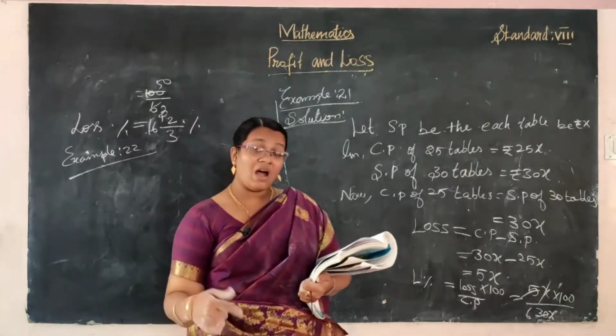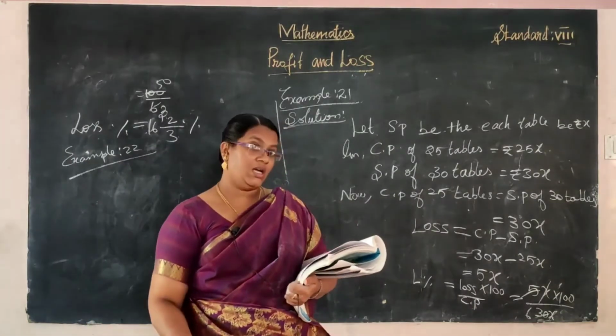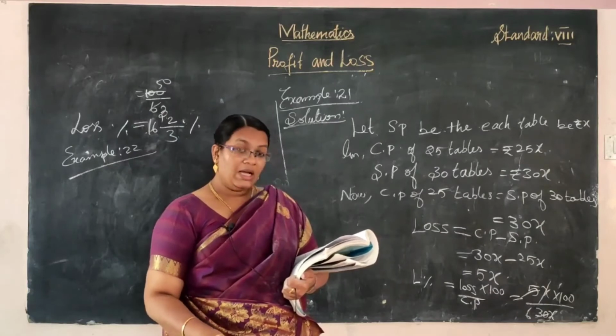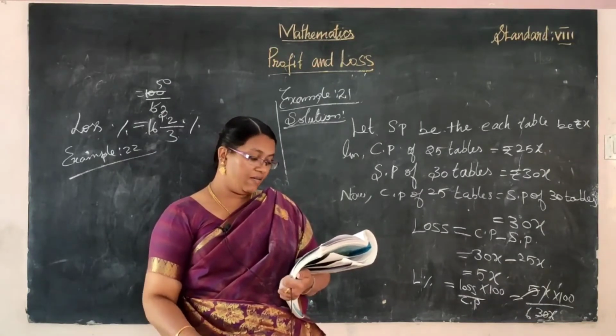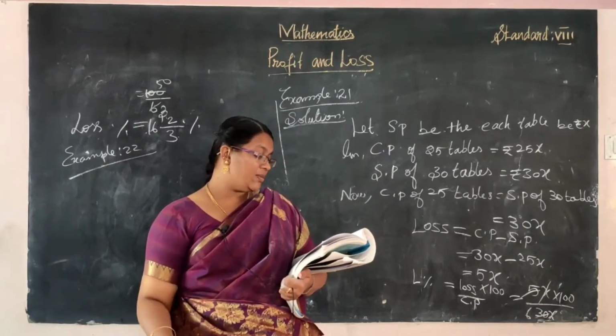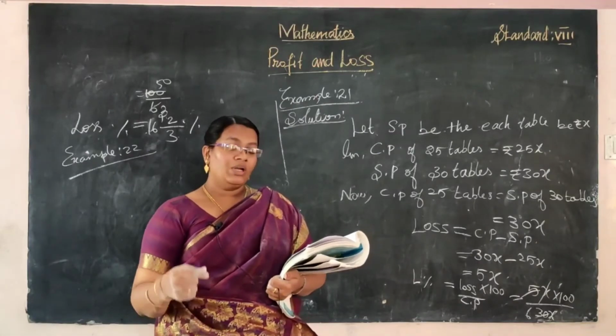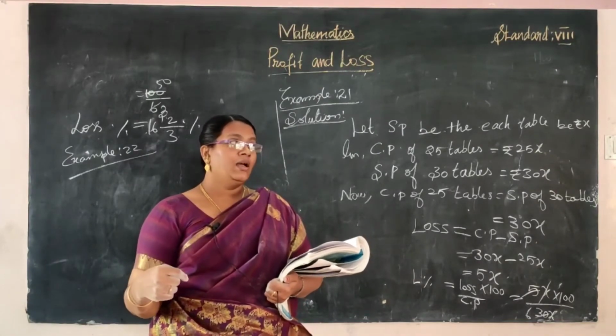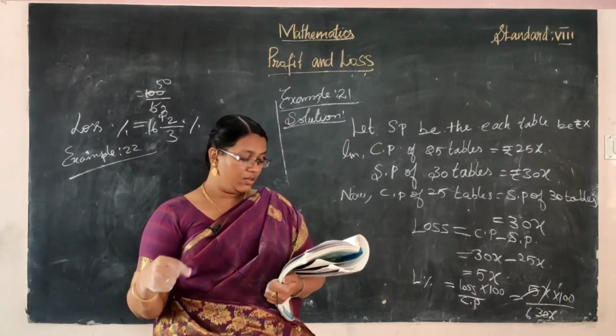SP is known, so we have to find the cost price first. Cost price is equal to SP into 100 divided by 100 minus loss percentage. Every time, memorize the formula and write it.